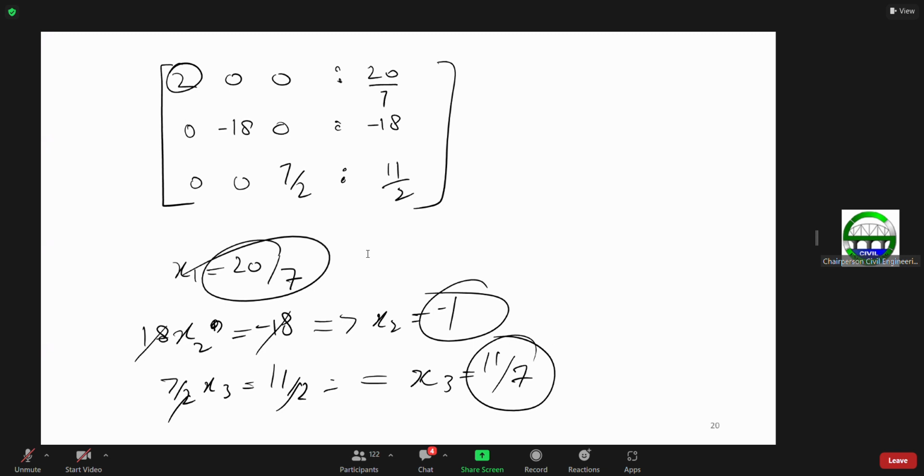Okay, so I will give you the solved examples of this one, and then you can practice more. 2x is 20 by 7. Yes, it should be 2. Yes, you are right. It should be 2 into 20 by 7, so maybe it will be 10 by 7, like this one.